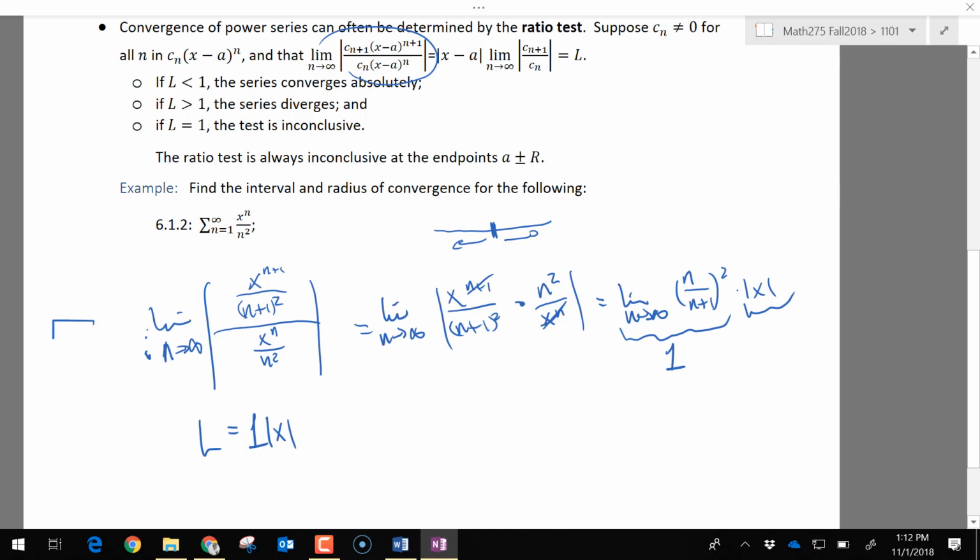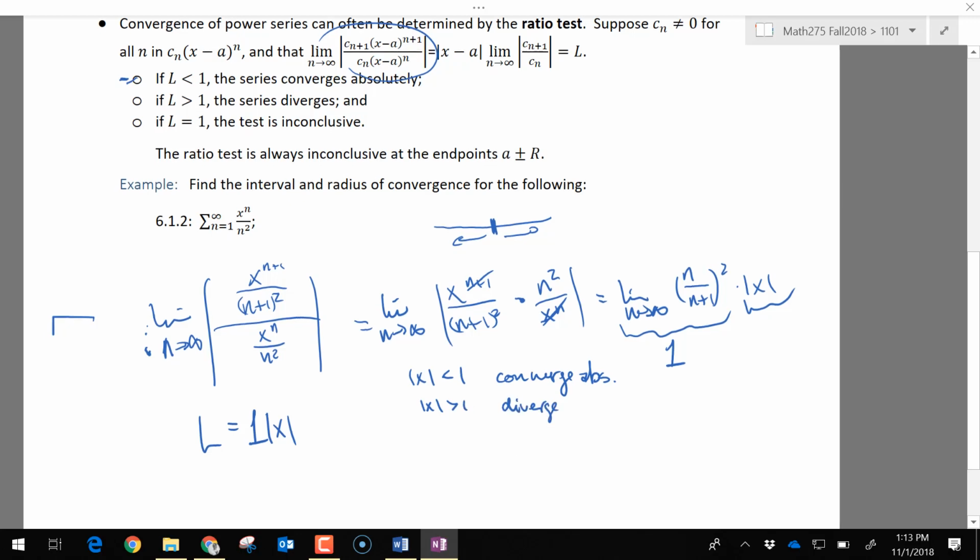And so according to the ratio test, if the limit L, which is absolute value of x, is less than 1, then this is going to converge absolutely. And if this is bigger than 1, then it's going to diverge.